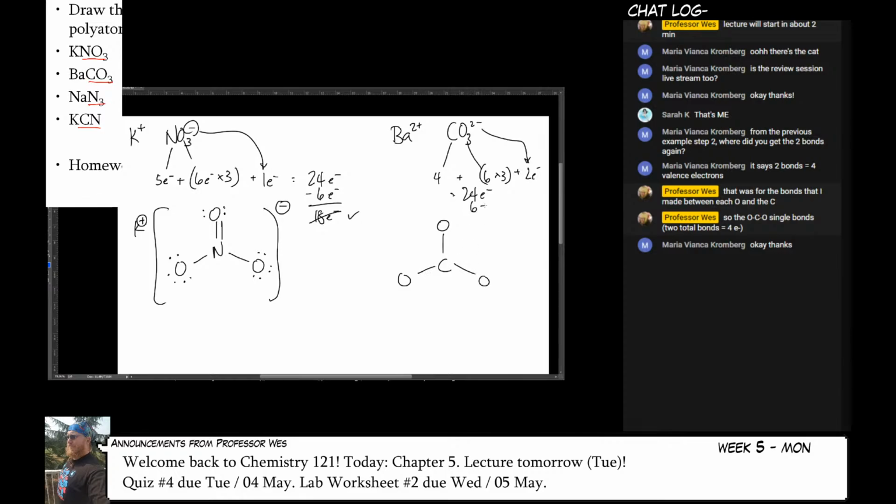So there's 6. So we'll do that, and then I'll just put the 18 around the sides. It turns out if you have the same number of valence electrons, you get the same structure every time. And then I'll just do this, and it's done. And then don't forget the barium over here.